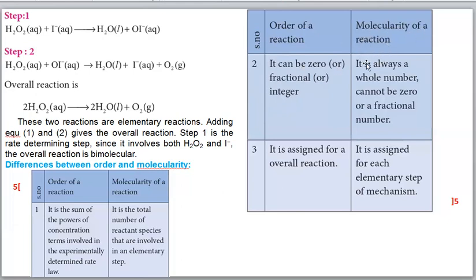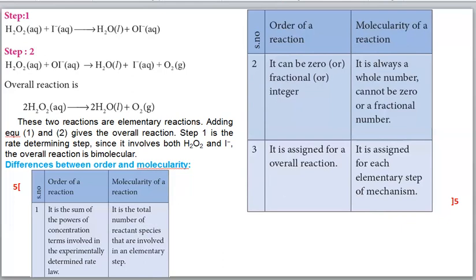Molecularity of a reaction is always a whole number. It cannot be 0 or a fractional number. Order is assigned for an overall reaction, but molecularity is assigned for the elementary steps of the mechanism. This is the answer for question number 5, including the differences between order and molecularity.